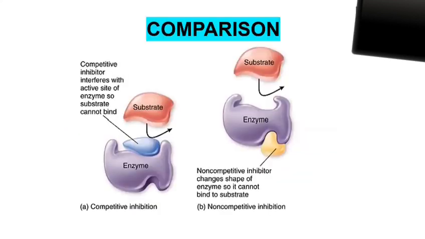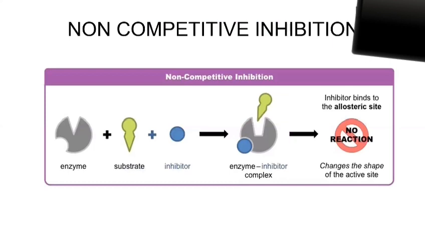Then coming to the comparison, competitive has only one complex, the enzyme inhibitor complex. Non-competitive has two complexes, the enzyme substrate complex and the enzyme substrate inhibitor complex. In competitive, there is competition between substrate and inhibitor. In non-competitive, there is no competition.